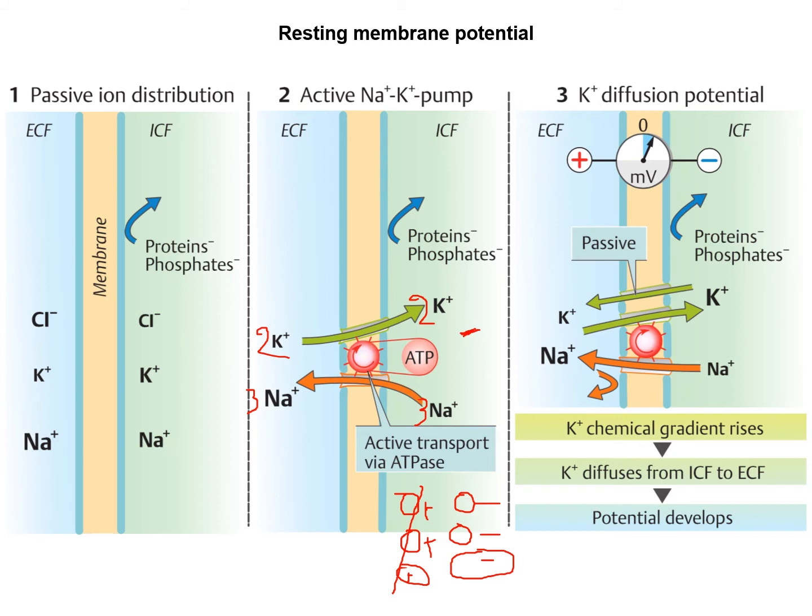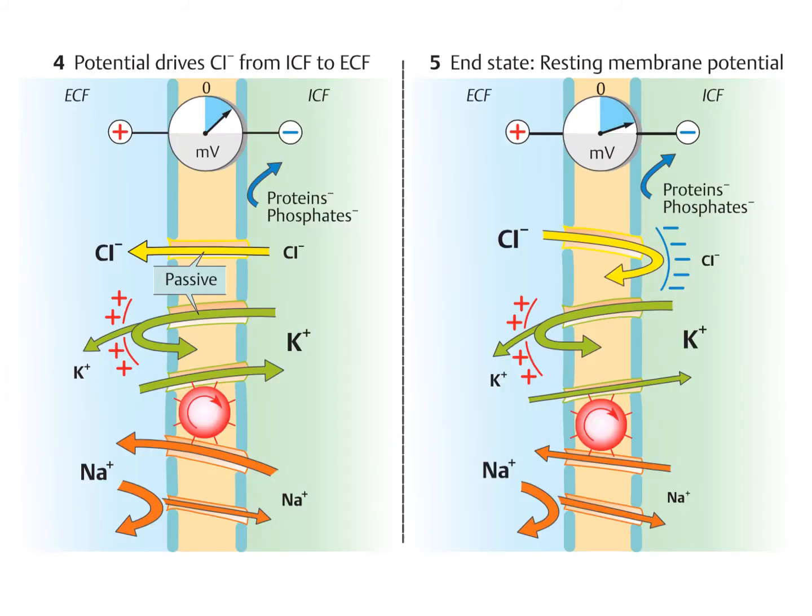And then we have a chemical gradient now that has developed for potassium and sodium that drives this force further. So let's check this out. Now, this potential also drives chloride from the intracellular fluid to the extracellular fluid. So as chloride leaves, what happens?